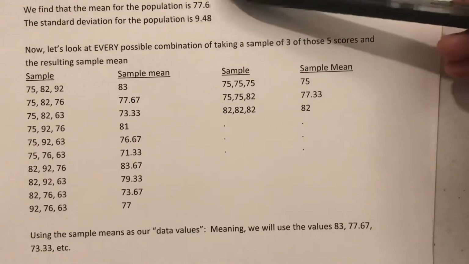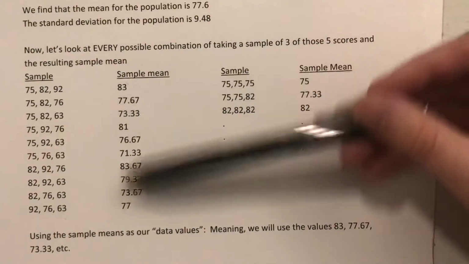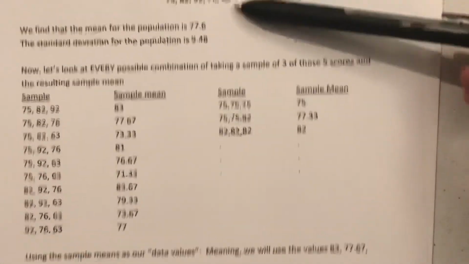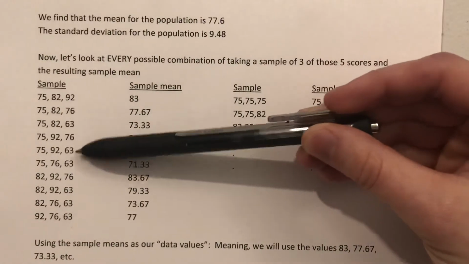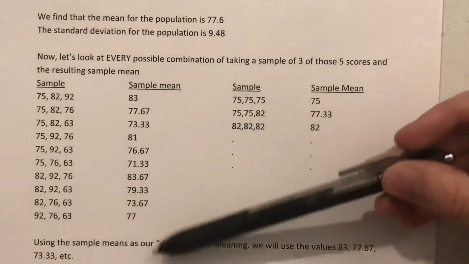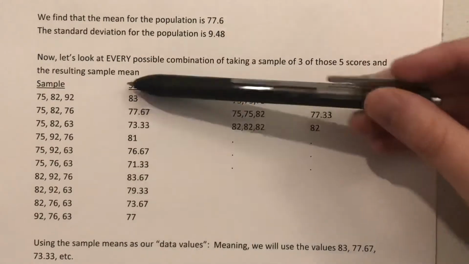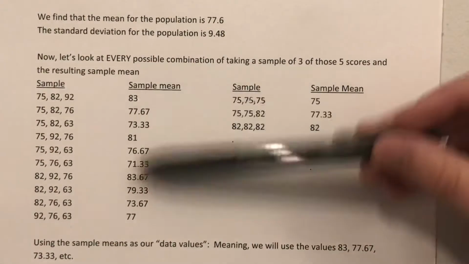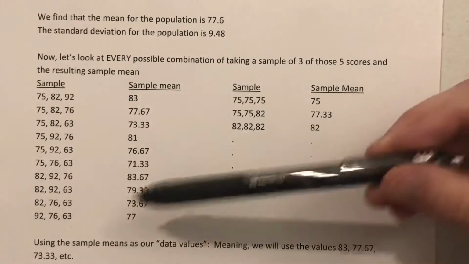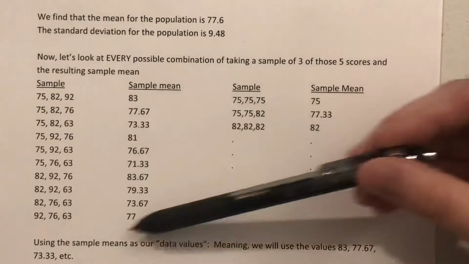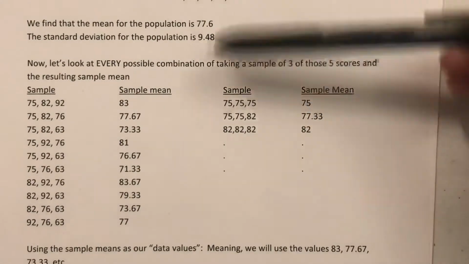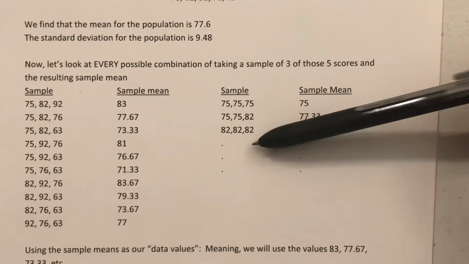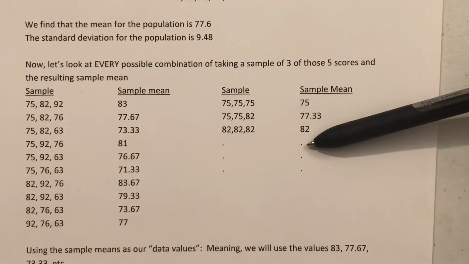So what happens is that data set, first of all, is much bigger. Notice we only have 5 numbers in our population, but there's a lot of different samples of size 3 that can be taken. So you get a larger data set, but specifically that larger set of numbers is less varied. It's less spread out. You have far more numbers in the center, and only that one extremely low number of 75, or that one extremely high value of 92, 92, 92.